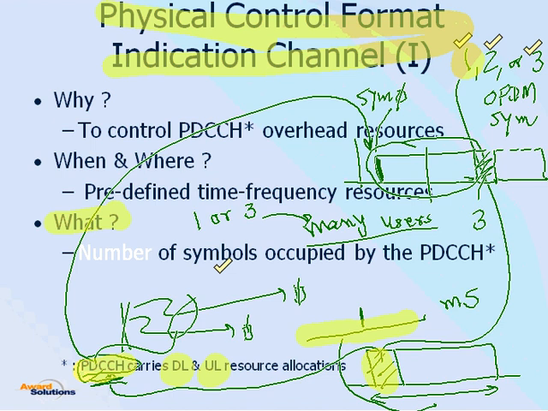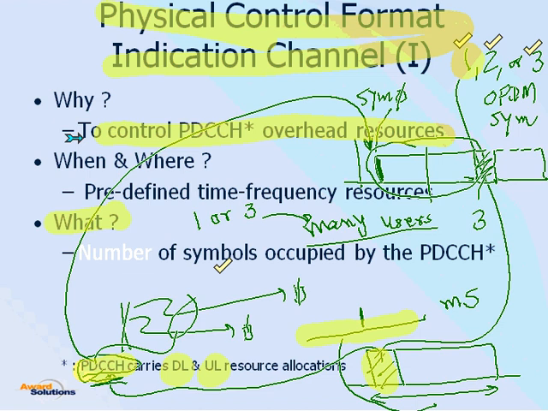However, on the other hand, if I just have 1 or 2 users and I want to convey allocation to those, no need to consume more than 1 symbol. 1 symbol is good enough. So the existence of this channel is helping us control the resources that we consume for the downlink control channel.